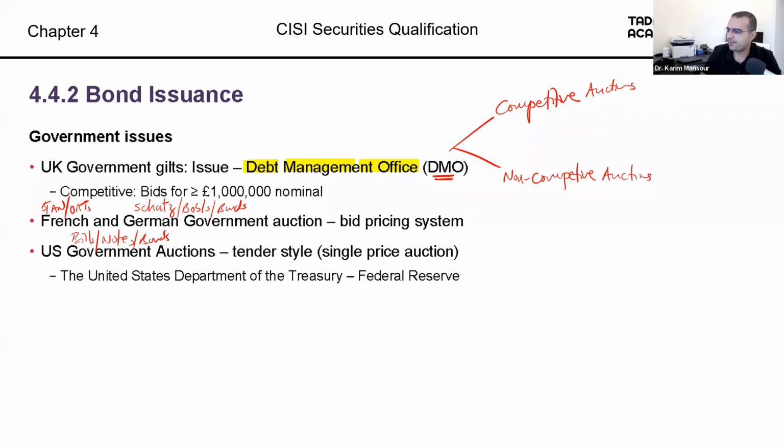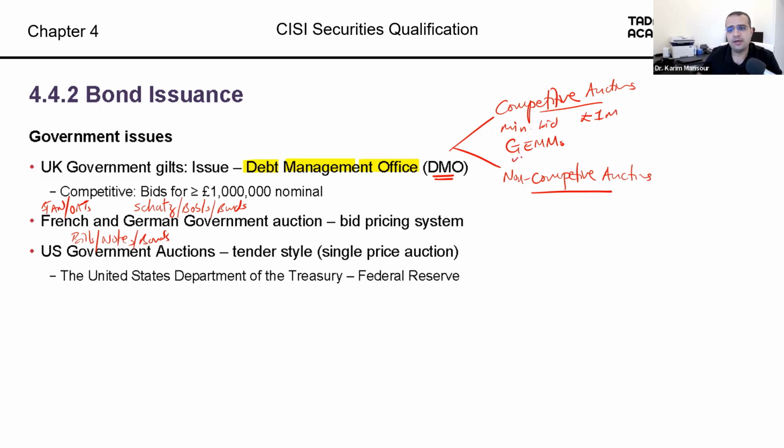So what's the difference? In the competitive auctions, if you're going to buy these bonds from the UK government, the minimum bid is £1 million. And it's usually offered to market makers only, gilt-edged market makers, GEMs. Remember, we said these are the market makers allowed to buy the government bonds from the UK government.